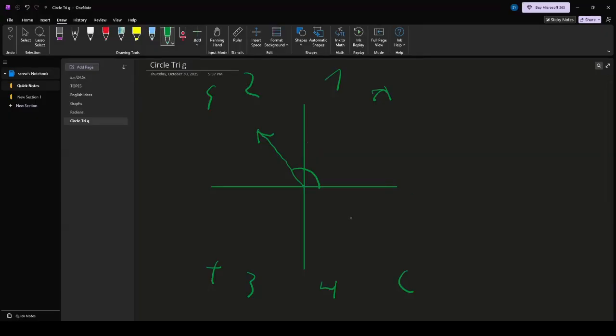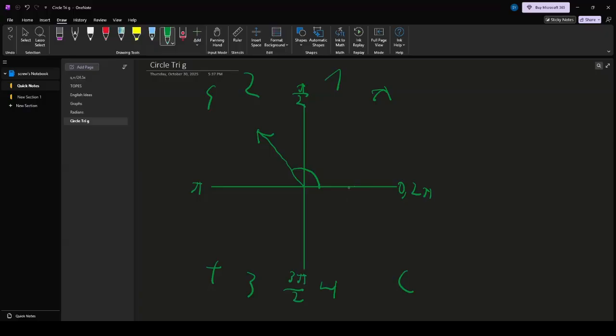The only difference now is that any angles we use are going to be in radians instead of degrees. So this angle will be in radians. These boundary angles will be in radians. So this will be 0 radians or 2 pi radians when you go 1 full revolution. This is going to be pi divided by 2 or 90 degrees, pi for 180, and this will be 3 pi divided by 2.